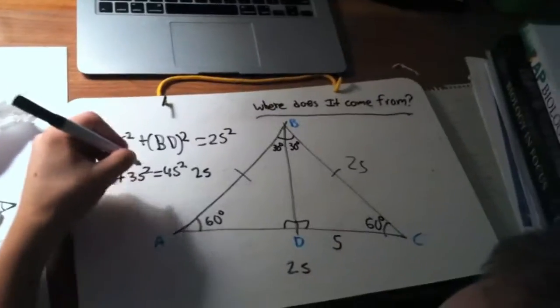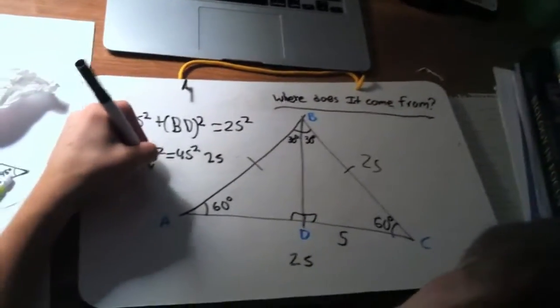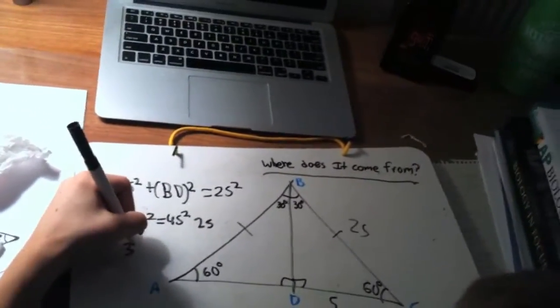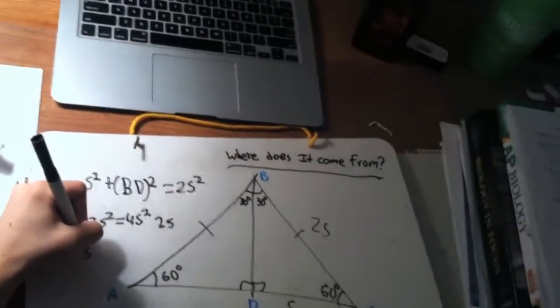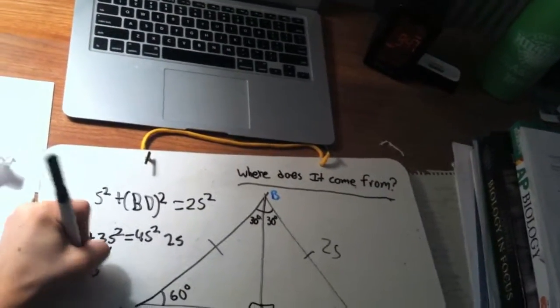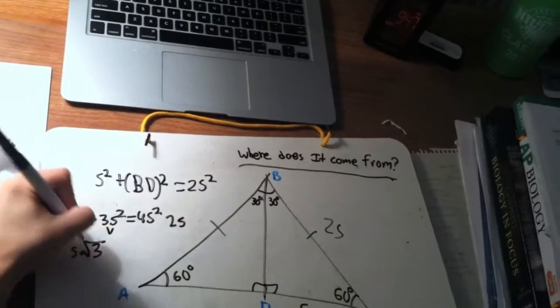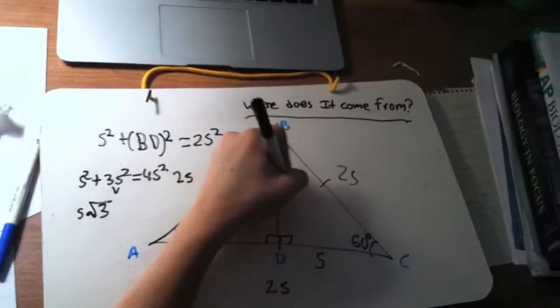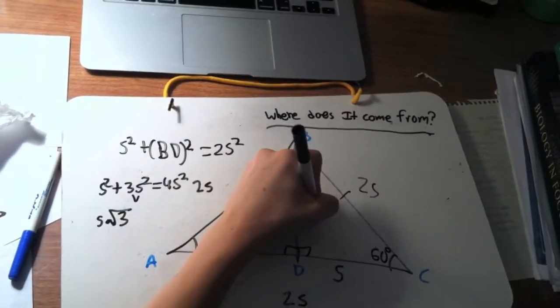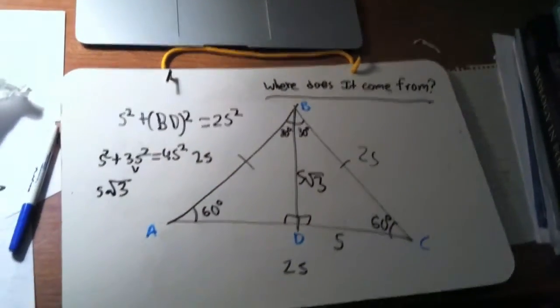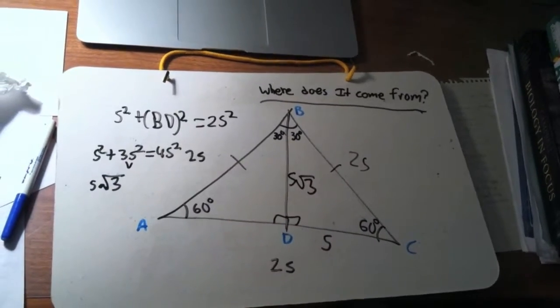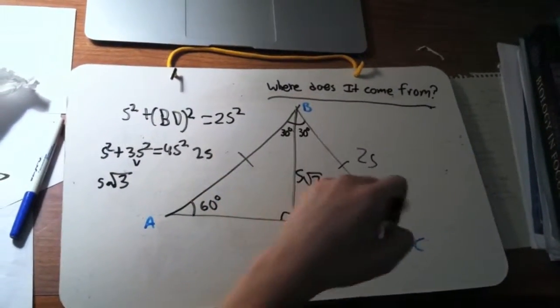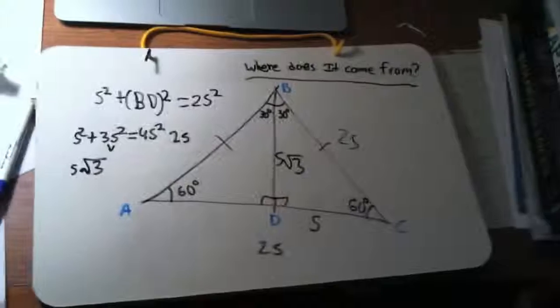If we take the square root of 3s squared, it equals s times root 3, which is the side opposite the 60 degree angle. Therefore, this equals the ratios of a 30-60-90 degree right triangle.